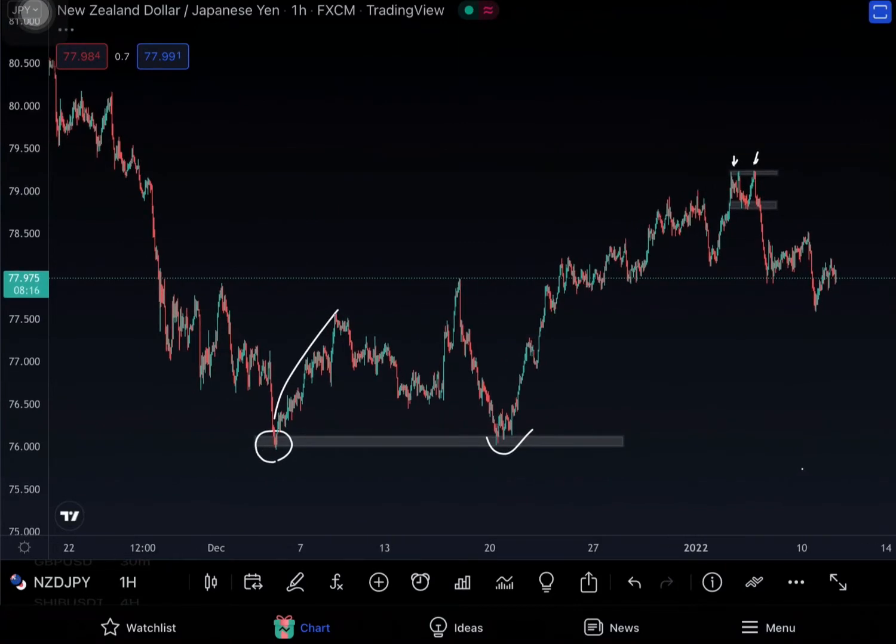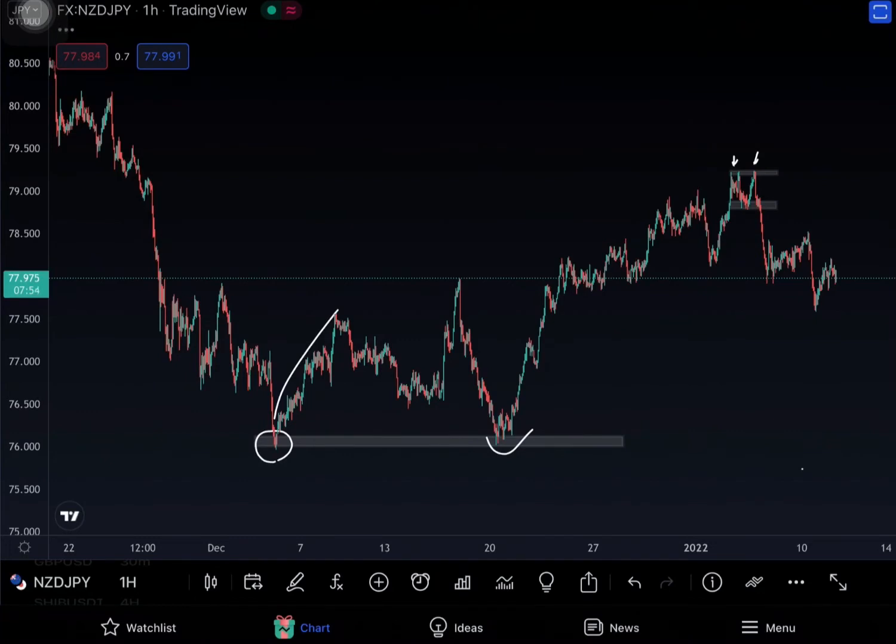As I told you, you don't need to wait for the price to break the neckline and after the retest you enter this trade. No, when you enter the position at the top or at the bottom, two things may happen.